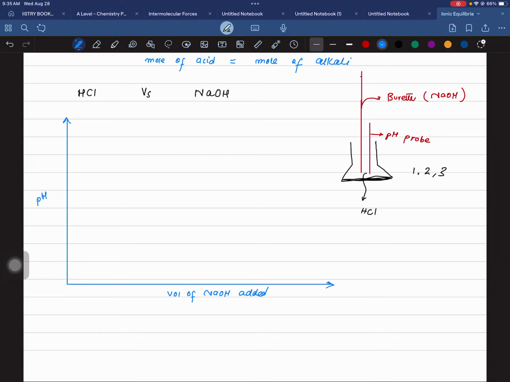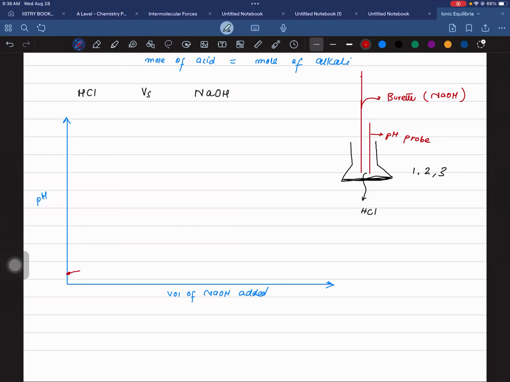Obviously I have dipped a pH meter into this conical flask, and in this conical flask we have an acid. So obviously I would see the pH equal to 1. Let's suppose I'm considering any strong acid. So it starts from 1.